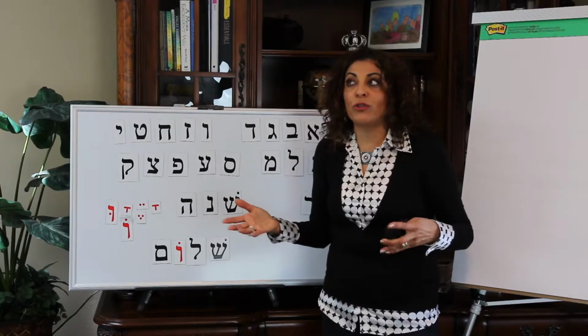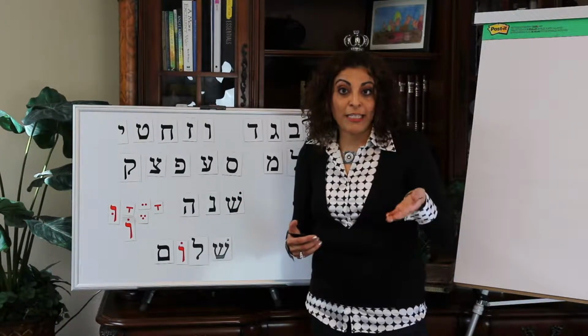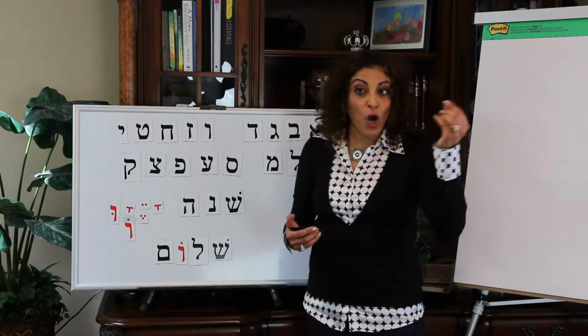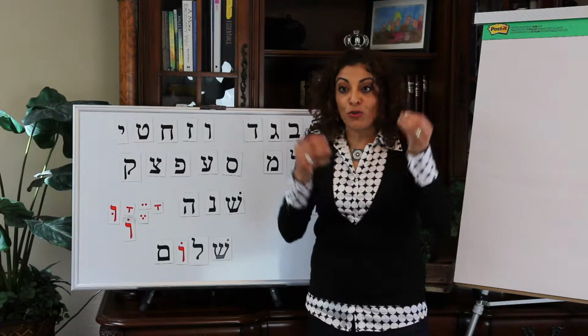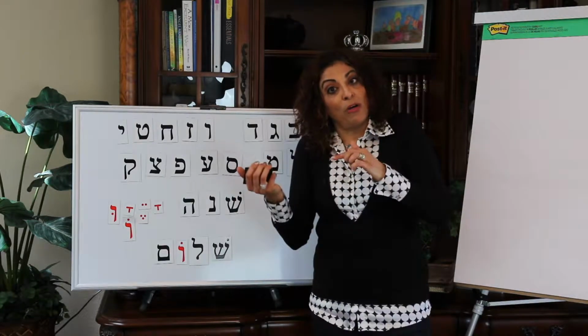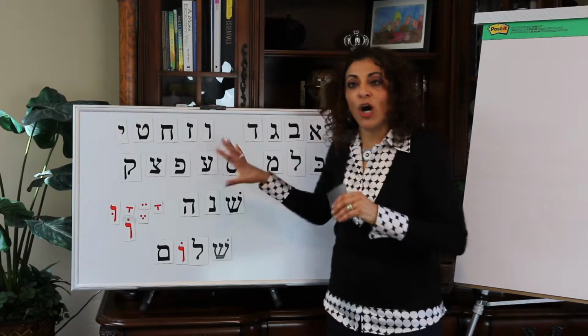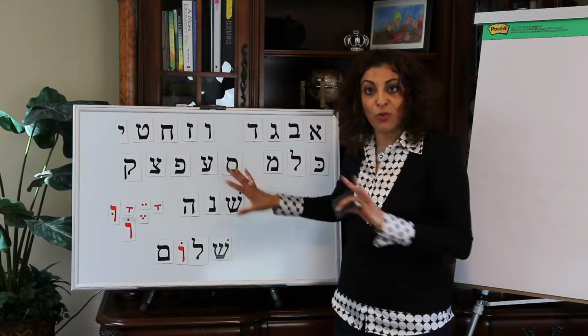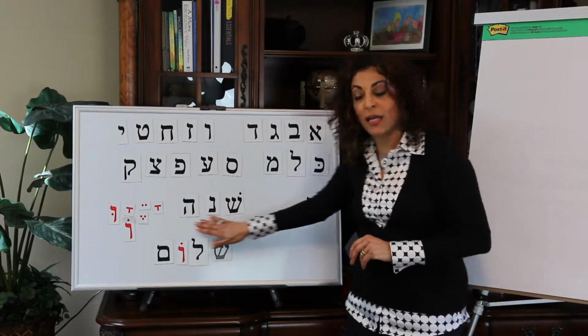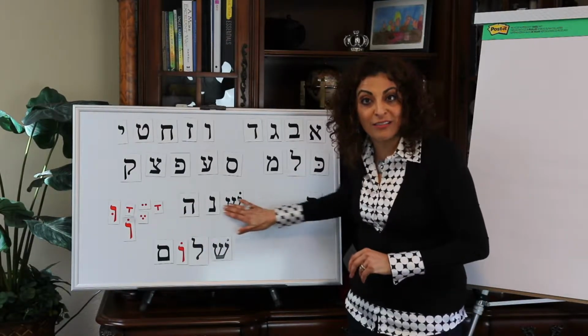Because if you have the word, let's say, speak, S-P-E-A-K, or the word spoke, S-P-O-K-E, if you took the vowels out, you would not know whether you are saying speak or spoke. But in Hebrew, it's a consonant-based language, so it really doesn't matter. The vowels don't matter because you understand it from the concept and the context of the sentence.